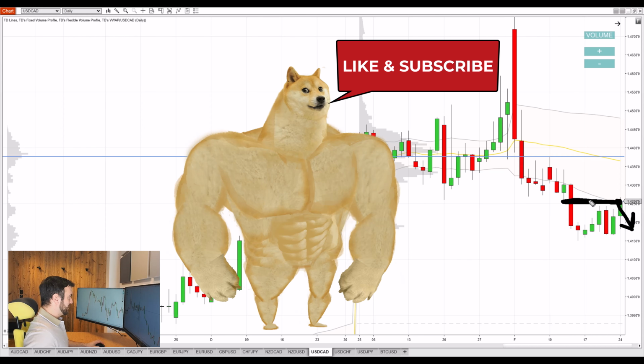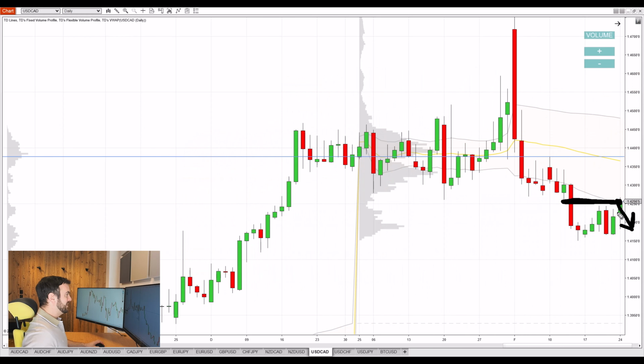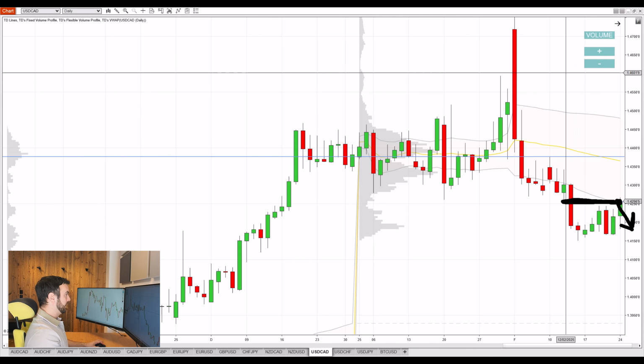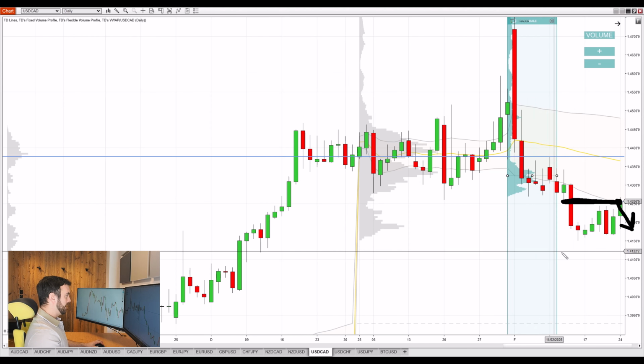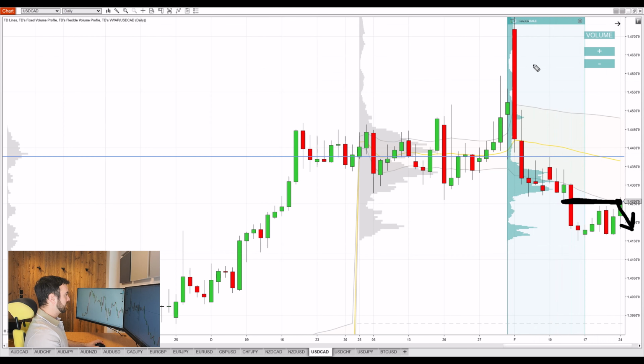So this was the short trade entry, and there are a couple of reasons for that. Reason number one, for me, it's always volume profile. I look into this strong sell-off zone with a volume profile, and there was this heavy volume zone.